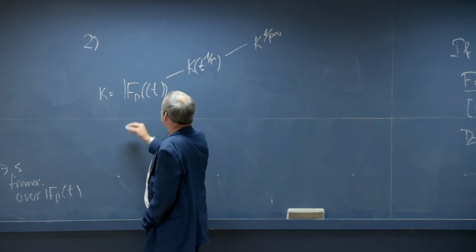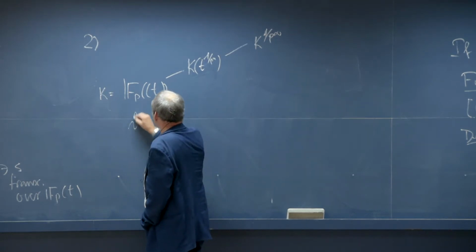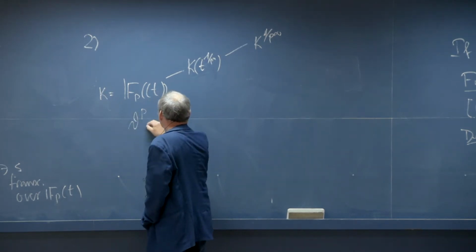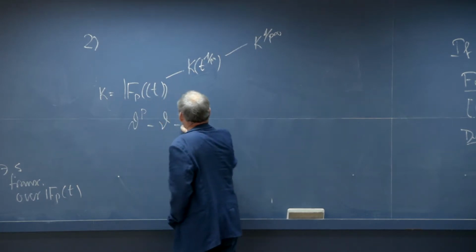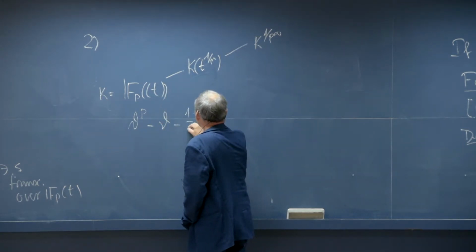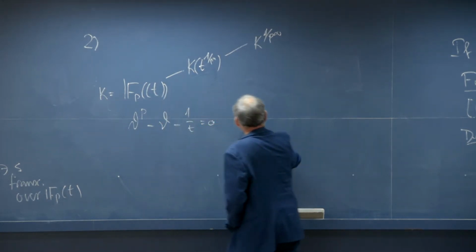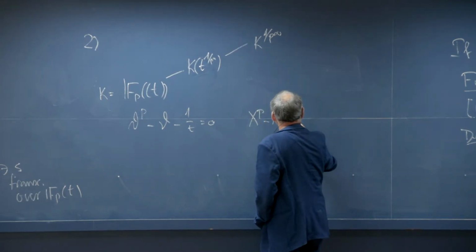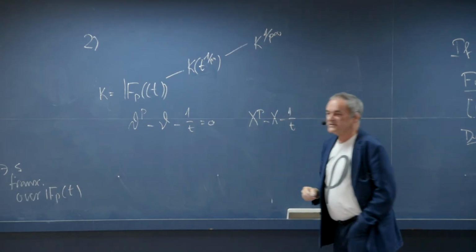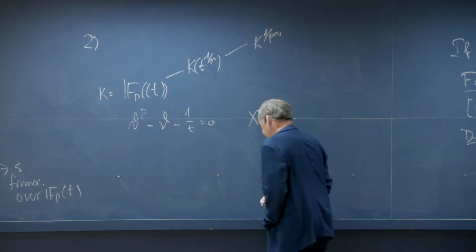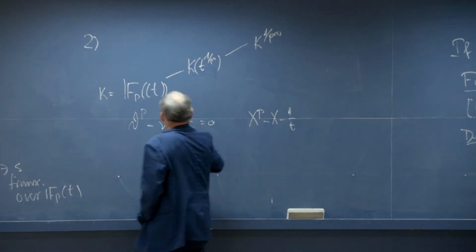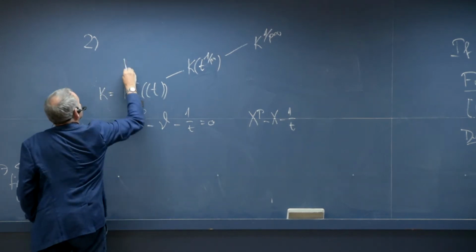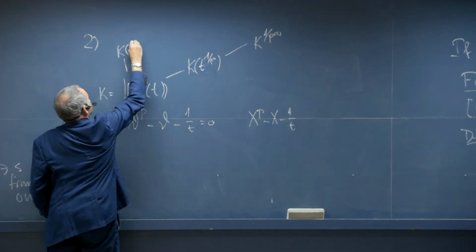So you take a root theta: theta^p - theta - 1/t = 0. So that's the root of what we call an Artin-Schreier polynomial. So what we get is Artin-Schreier extensions. Okay, so go to K(theta).